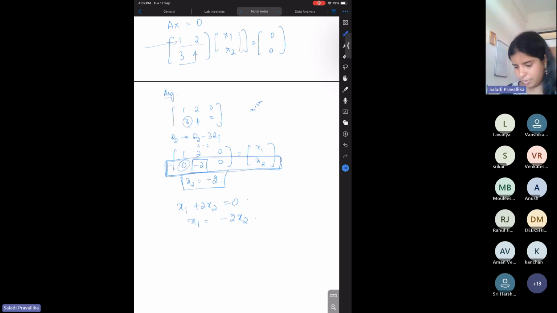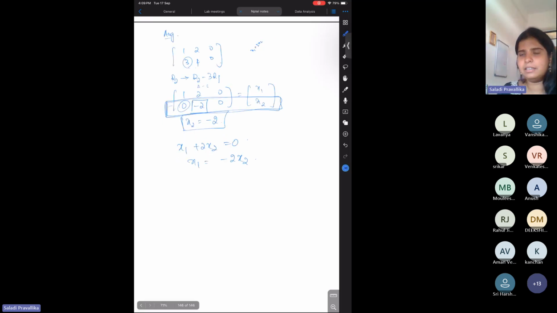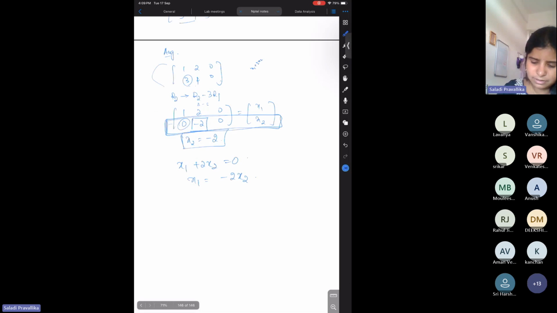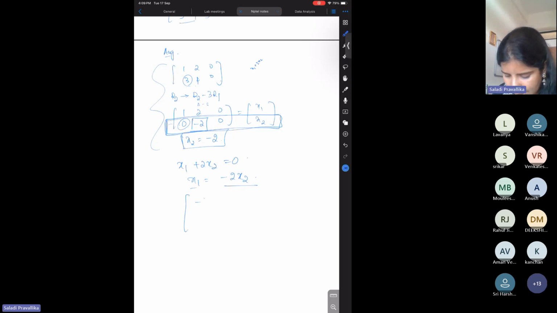So instead of solving all of this, I want to write it in a vector form with some variable. So x1 is minus 2 times x2 and x2 is just x2. This x2 can be some variable, x or t or s, right?